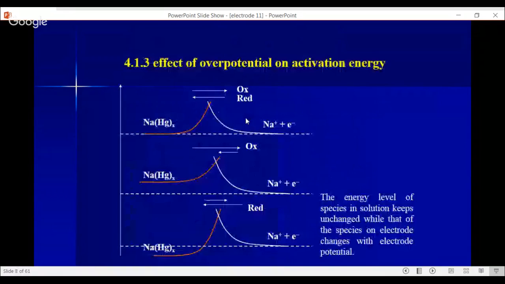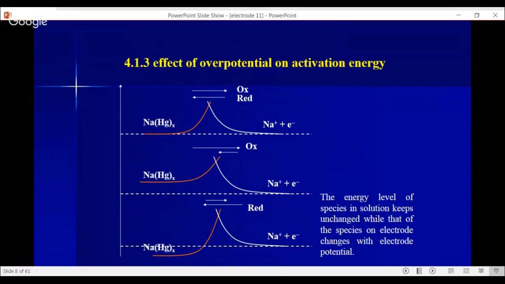Now here I have shown it in terms of the potential, and in terms of the extent of the oxidation and reduction reactions. The red line shows the oxidation current, and the solid line is the reduction current. If the magnitudes are the same, then Na going to Na plus and an electron, the Ia will be equal to Ic, that is, the anodic oxidation current is equal to the cathodic reaction current.